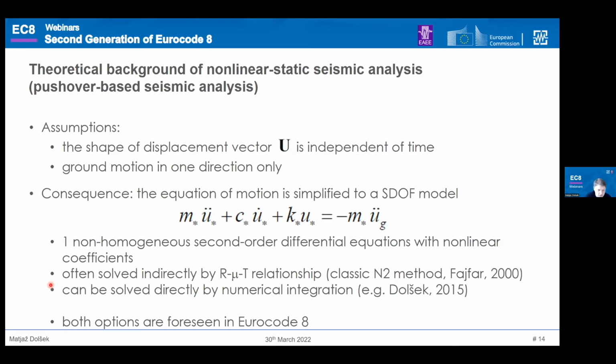How the transformation from the multi-degree to the single degree of freedom model is done is presented in the Encyclopedia of Earthquake Engineering. The good thing is that in the new code both options are foreseen in Eurocode. So the engineer can select either to use the simplified R-mu-T relationship, or to solve this equation numerically.